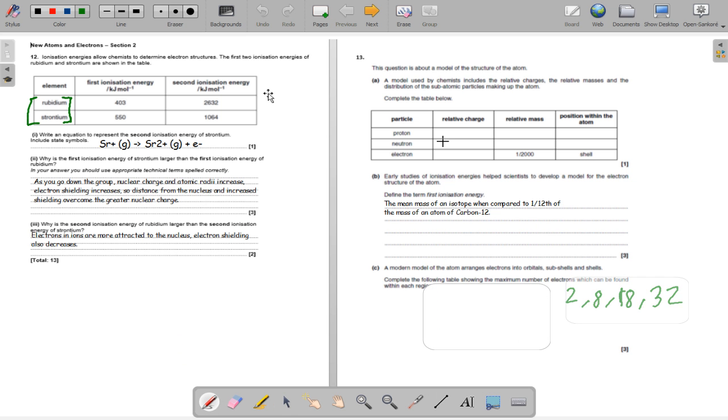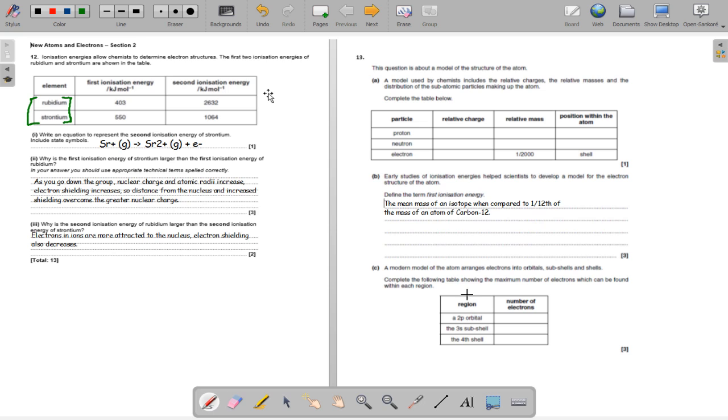So, filling in the table, we have +1 relative charge for a proton, 0 charge for a neutron, and -1 charge for an electron. Relative masses, just 1, 1, and 1/2000, and position for both the proton and neutron is in the nucleus, and just putting them in that table gives you 1 mark.